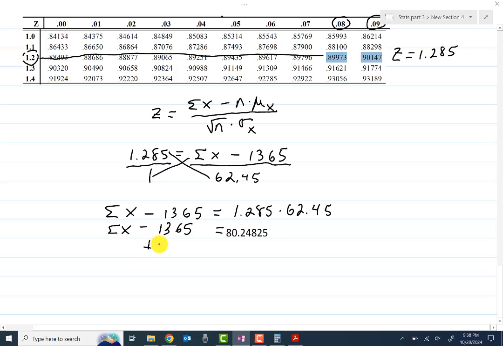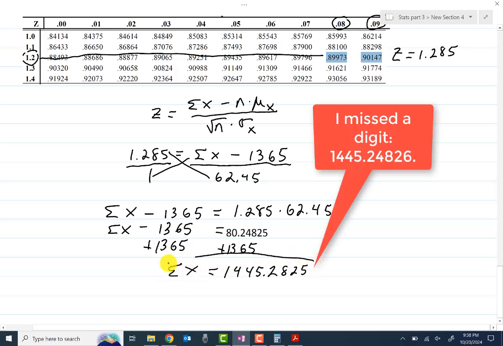To solve this, to finish it off, we add 1365 to both sides. So it looks like 1445.2825. That will be our 90th percentile.